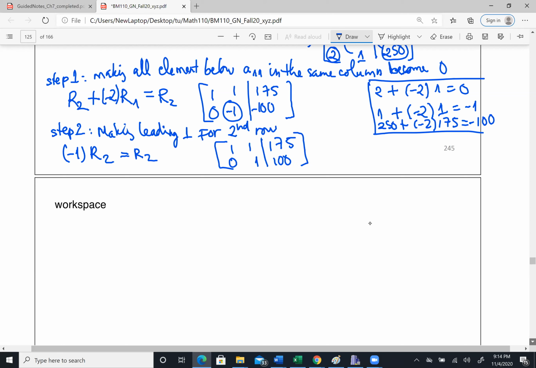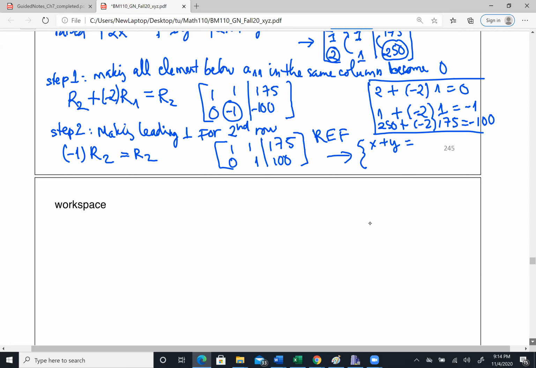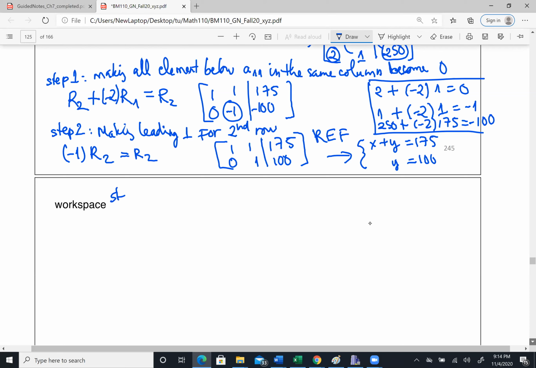So that's going to be row echelon form. Now you can change it to a system of equations, which is X plus Y equals 175, and the second one is Y equals 100. Now back to step 3, back substitution.